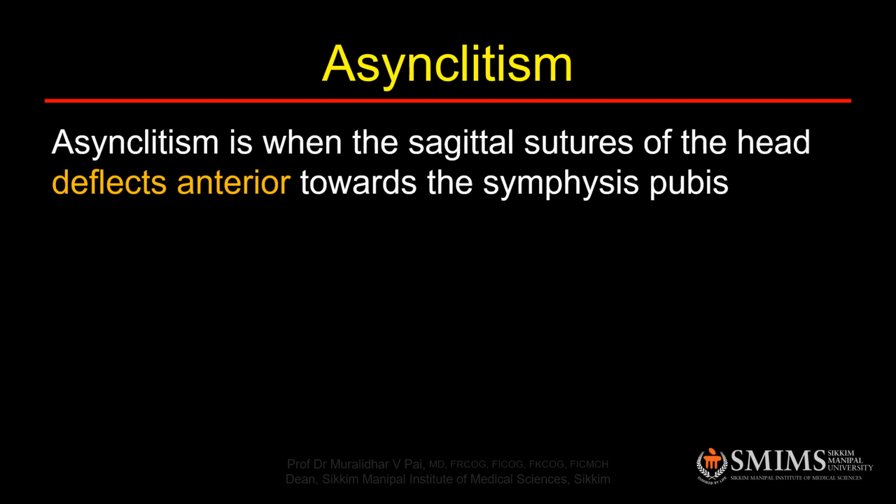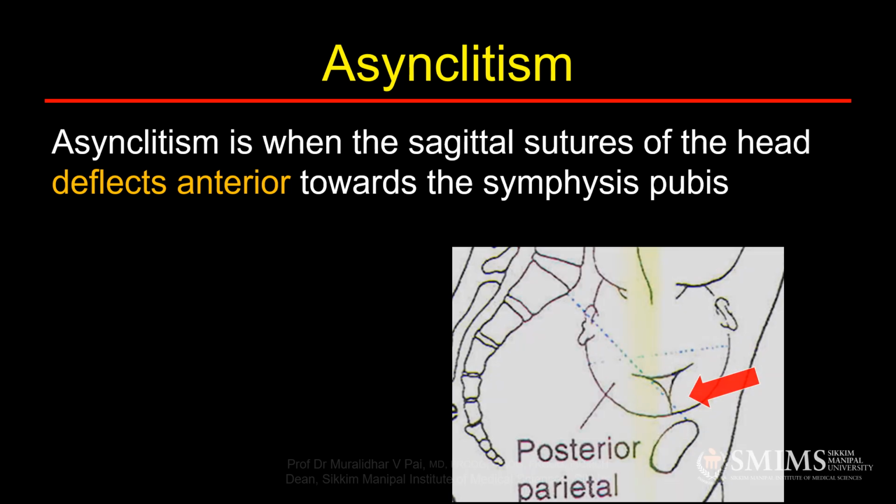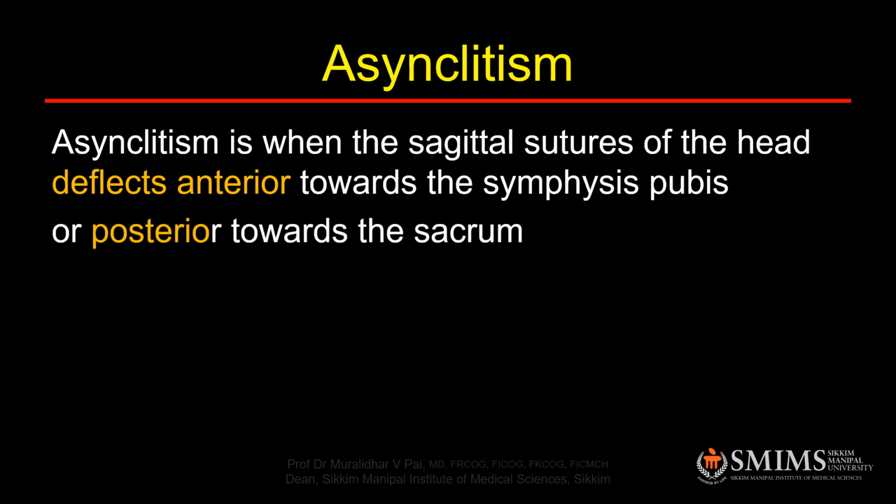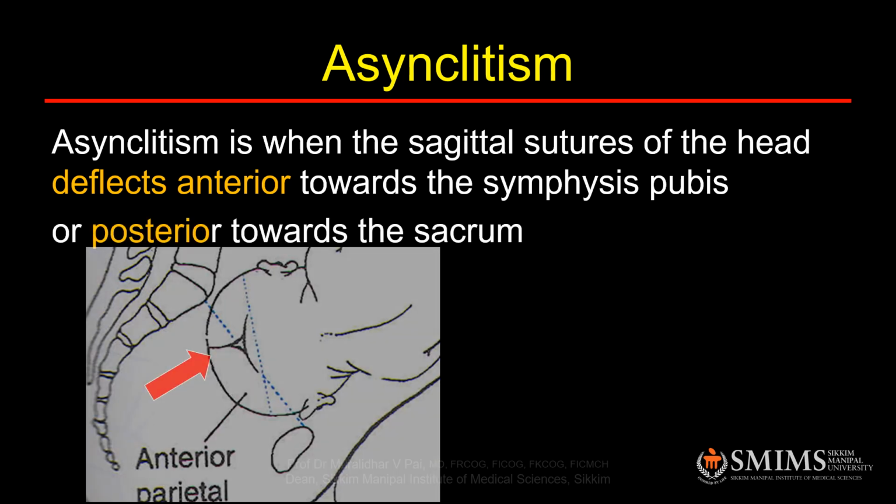It may be either more towards the symphysis pubis, like this, or it may be deflected more posteriorly towards the sacrum, like this. This deflection of the sagittal suture, either anteriorly or posteriorly, is called asynclitism. This happens in order to negotiate the narrower anteroposterior diameter at the inlet.